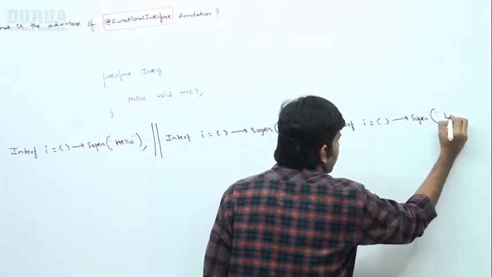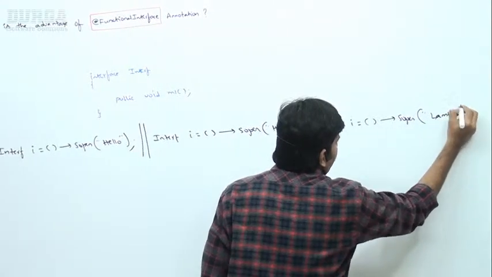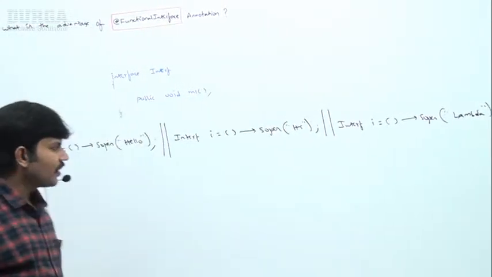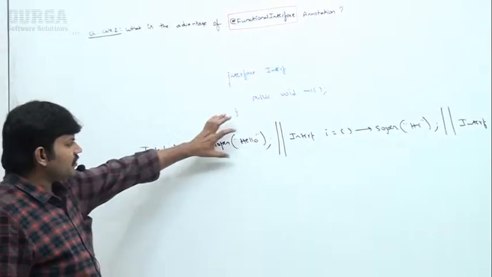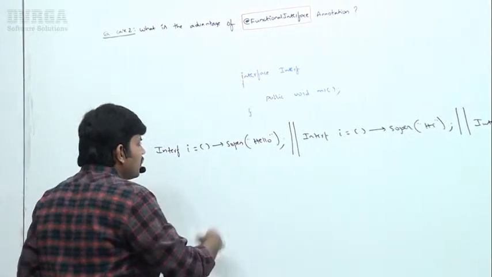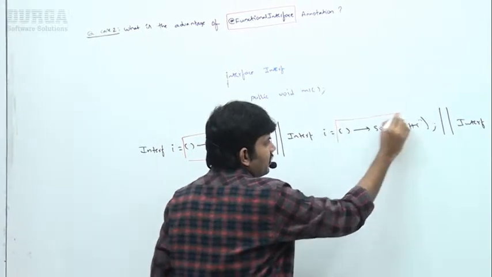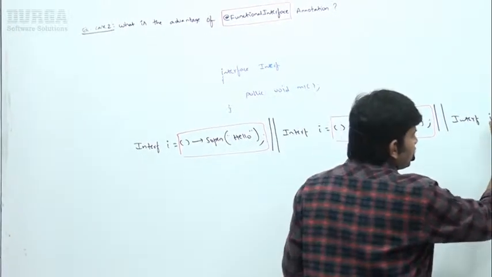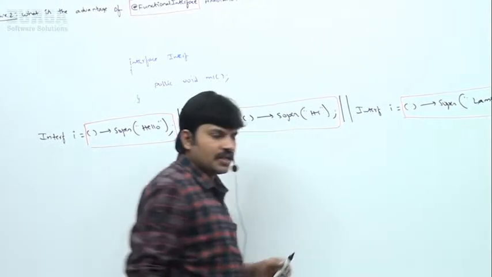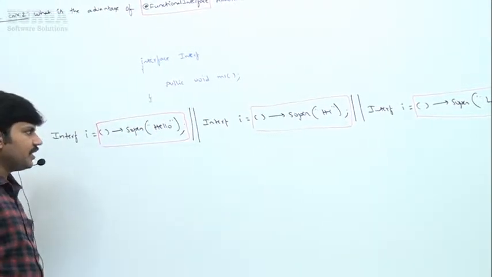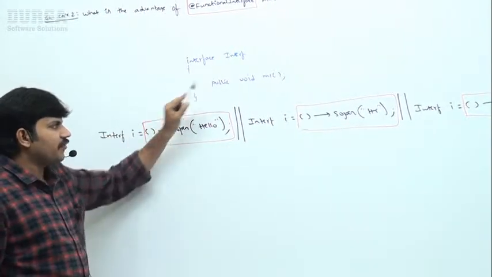Whether this lambda expression or that one, all these lambda expressions are represented by which functional interface? Interrupt.